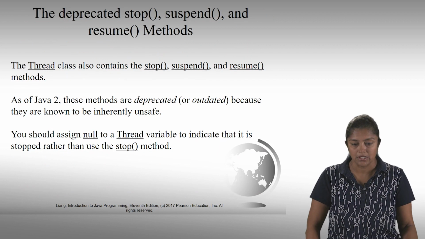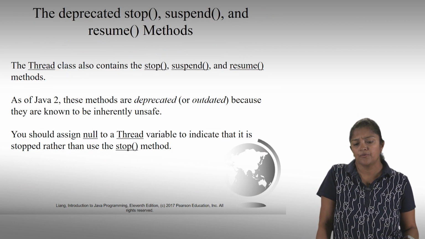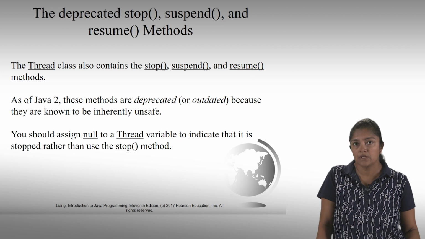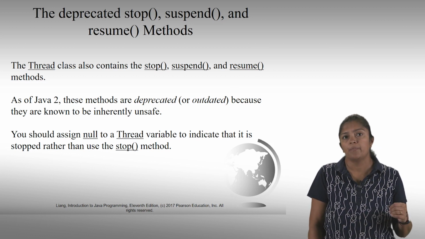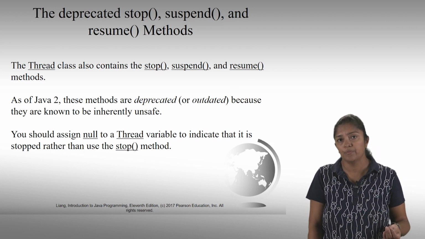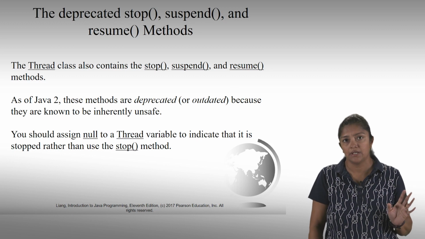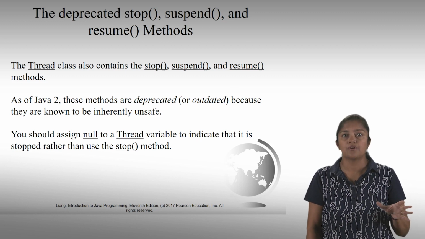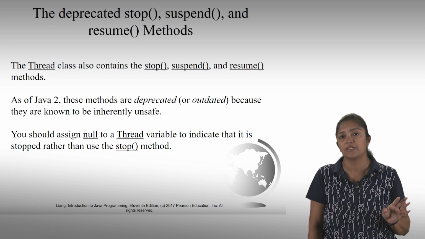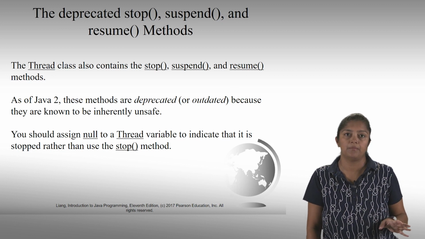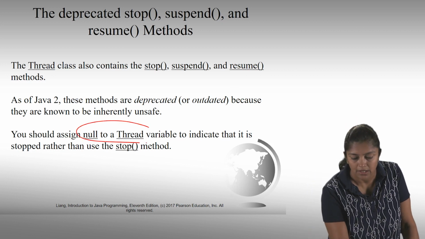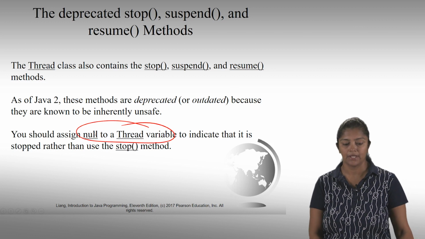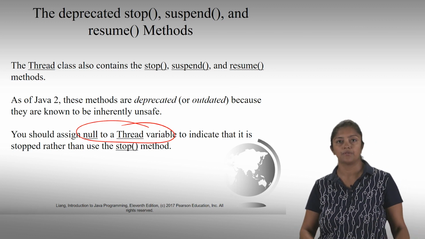There are also a few deprecated methods that are not used anymore. Stop, suspend, and resume are those methods. Instead, the best way to stop or suspend a thread is to just assign null to the thread variable, and that will indicate that we want it to stop or suspend.